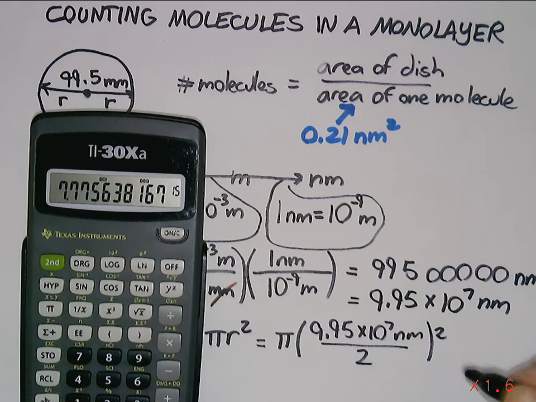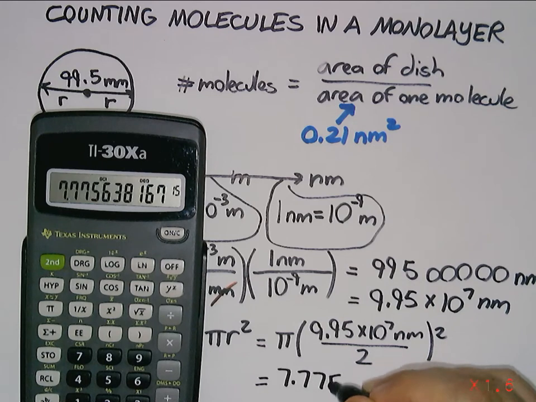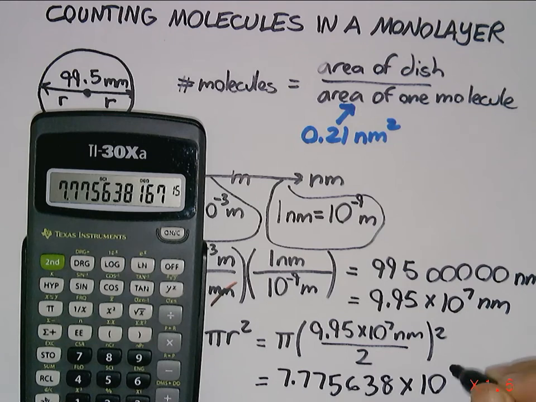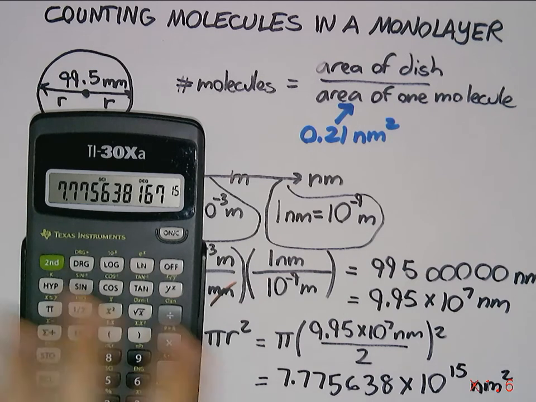Okay? So that's my answer: 7.77563 times 10 to the 15. What are my units? Nanometers squared. There's the area of the dish.